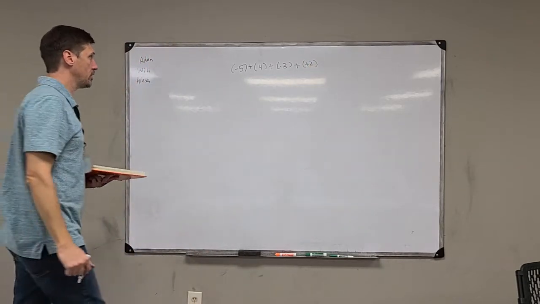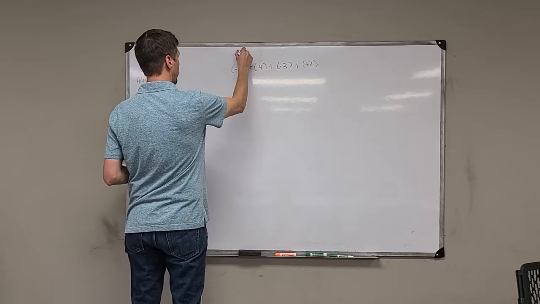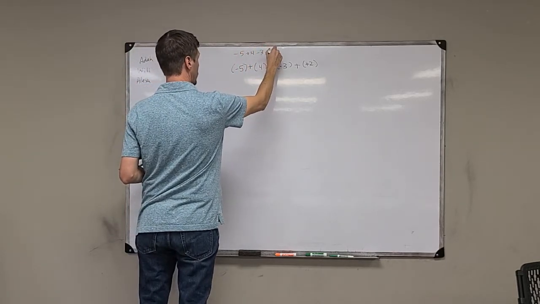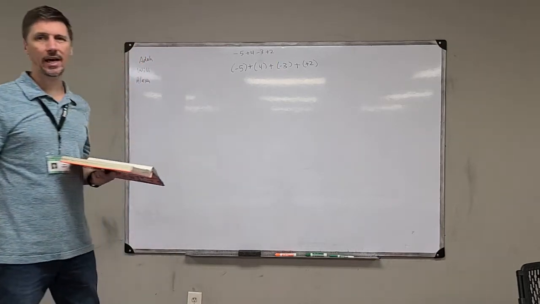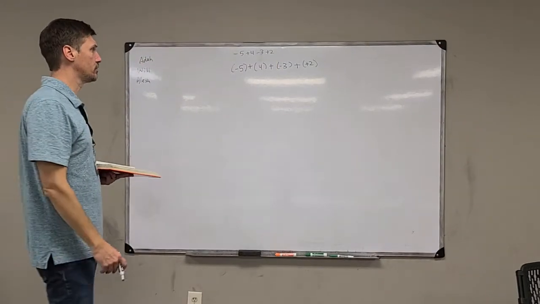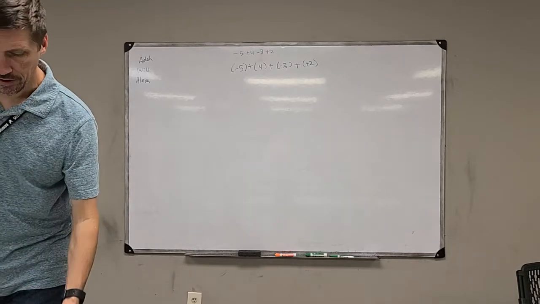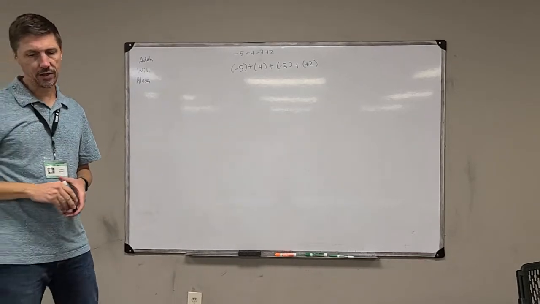So they've rewritten a problem that really would be negative 5 plus 4 minus 3 plus 2. And they've rewritten it like that to show that it's all just a bunch of addition, right? So you can kind of have the number line idea in your head and think through it like that.